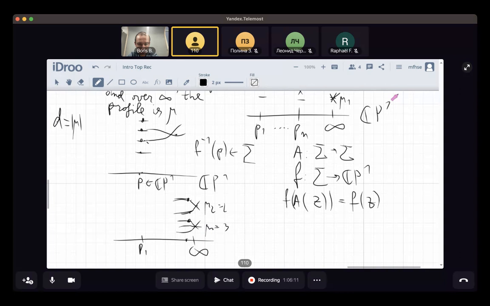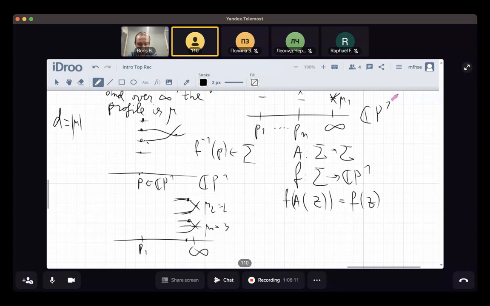You said the following thing. Here you have your sigma of G, right? And here you have your CP1, and we have our infinity.